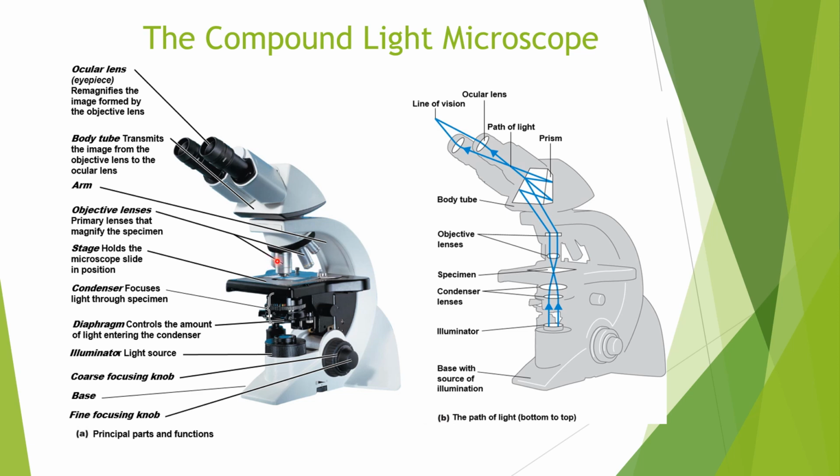What do you do? You multiply those two numbers. 100 multiplied by 10, that means I am magnifying my specimen by a total of 1,000 times. So multiply the two to figure out your total magnification.